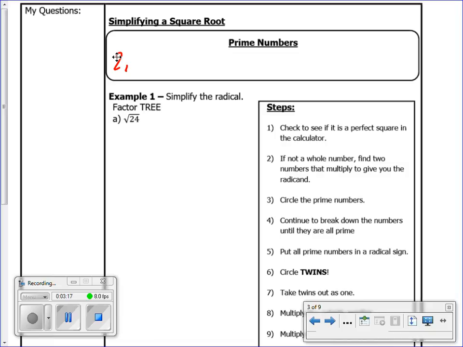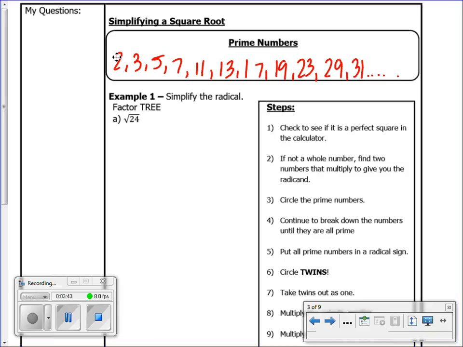Other prime numbers you see a lot of: 3, 5, 7, 11, 13, 17, 19, 23, 29, 31, and so on. There are more prime numbers than what we just listed, but these are the common ones that you often see.